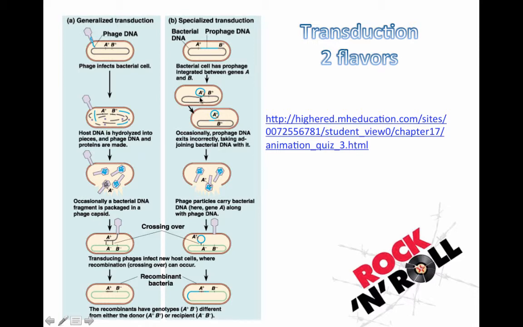So right here you have a virus integrating itself into the host DNA, and then when it takes itself out again, it takes a piece of the bacterial genomic chromosome with it. And then that ends up in each and every instance of the virus, and every time that virus goes on to infect a new cell, it takes a new trait with it.